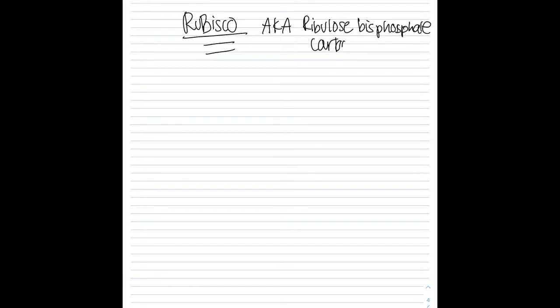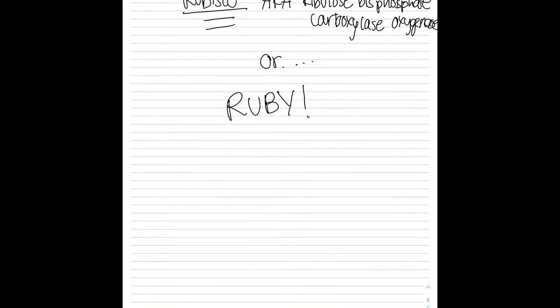A very important enzyme that we commonly know as Rubisco, but is also formally known as ribulose bisphosphate carboxylase oxygenase, or as I like to call her, Ruby.